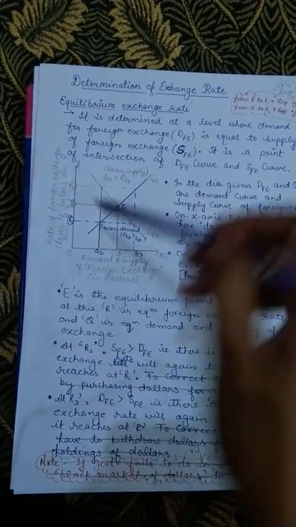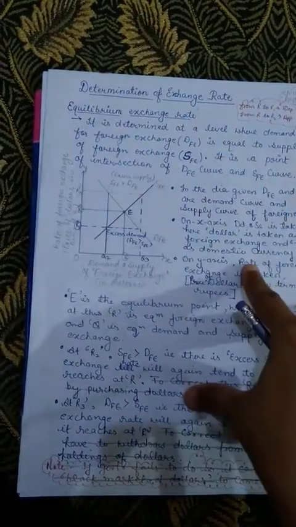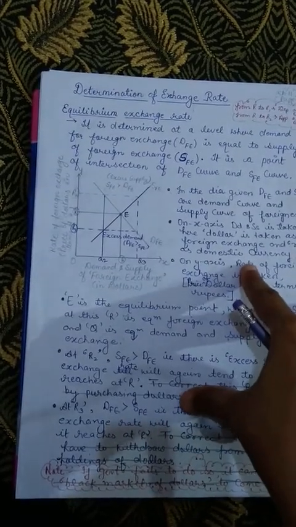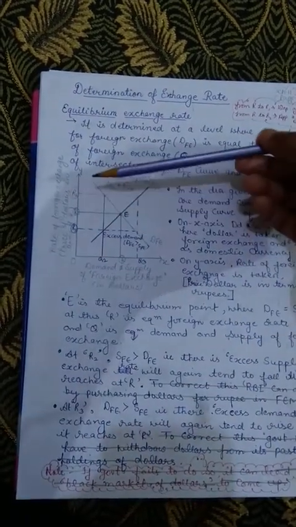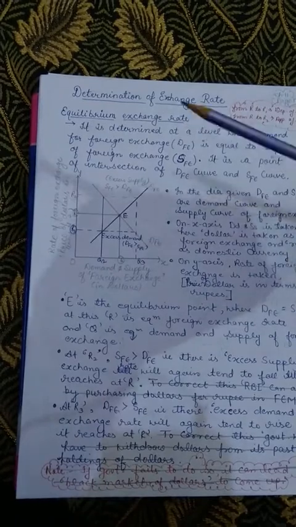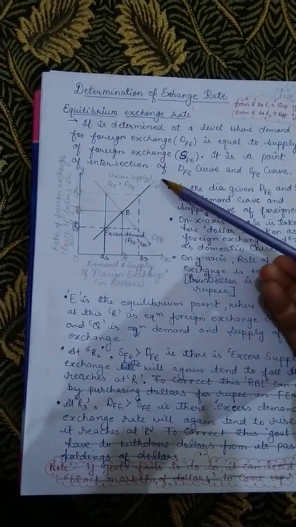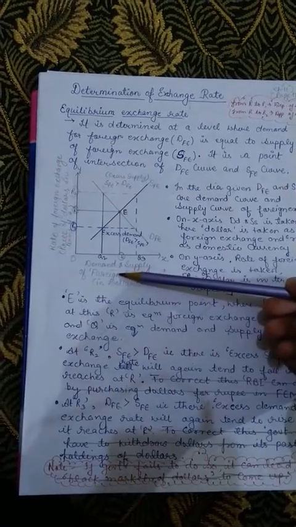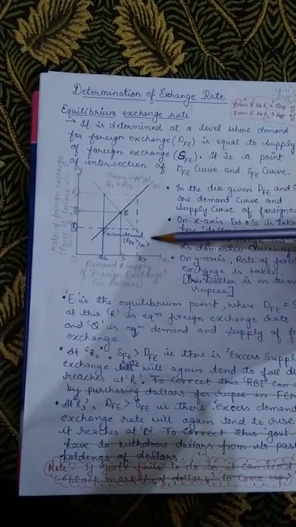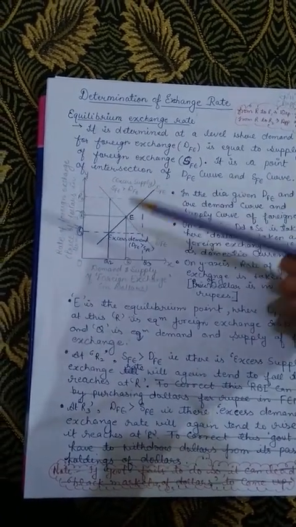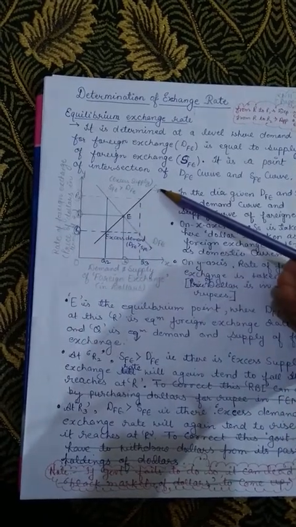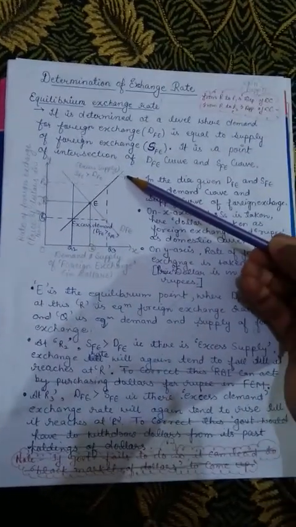As per these relationships, the demand curve is negatively sloped and the supply curve is positively sloped.